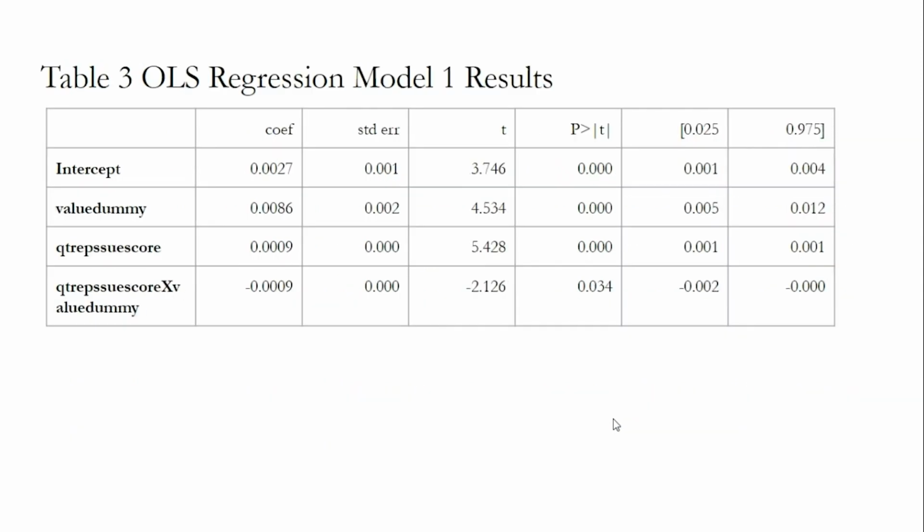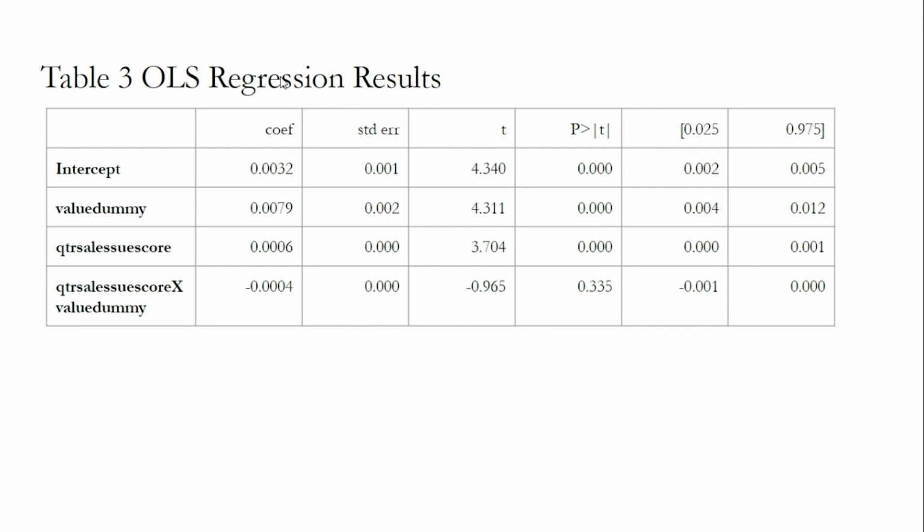All right, in table 3, we're regressing 3-day return on a value dummy, quarterly earnings per share SUE surprise, which is basically earnings surprise, and then earnings surprise interacted with the value dummy. And then in table 3, model 2, this should read model 2 right here.